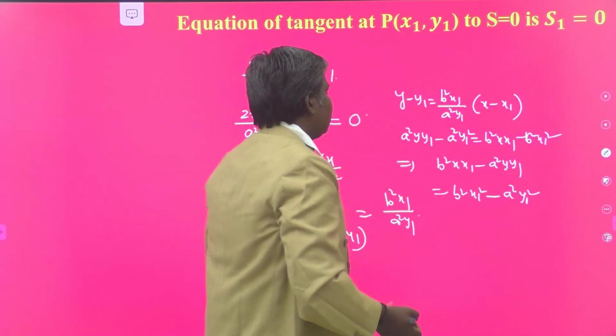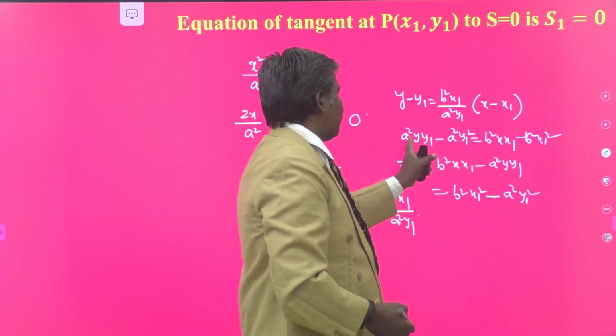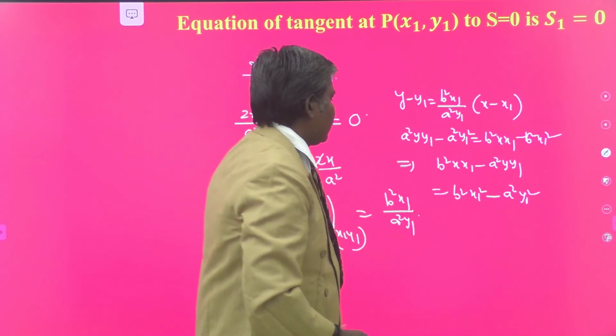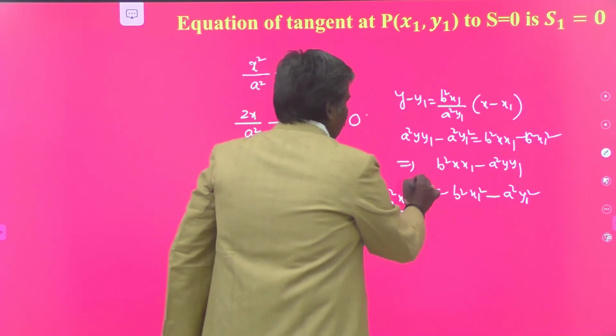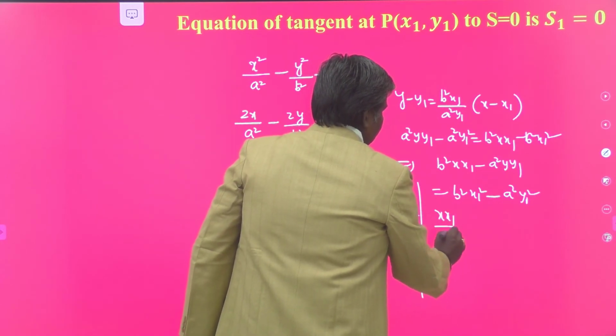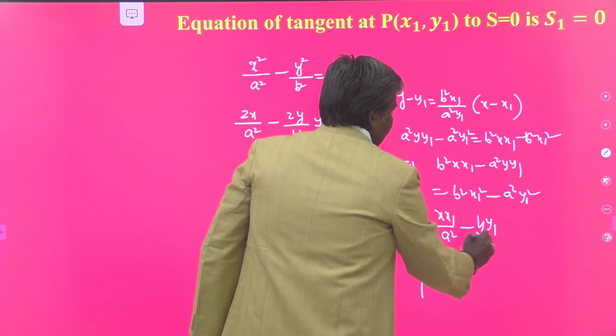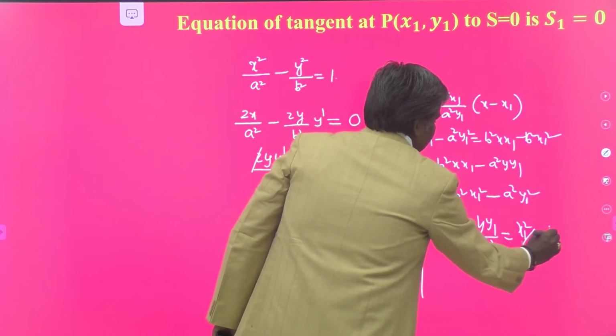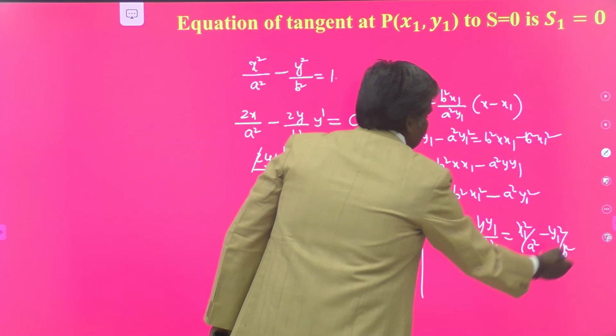Taking the term b square x x1 on the left, I am taking a square y y1 to the left side and b square x1 square to the right side in this manner. Now dividing on both sides by a square b square, clearly we get x x1 by a square minus y y1 by b square is equals to x1 square by a square minus y1 square by b square.